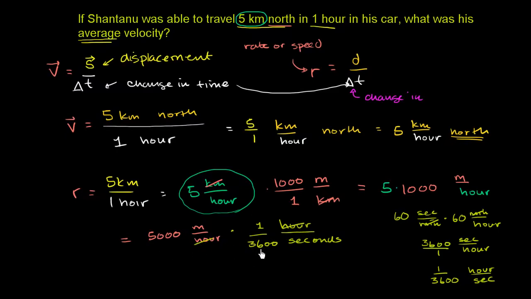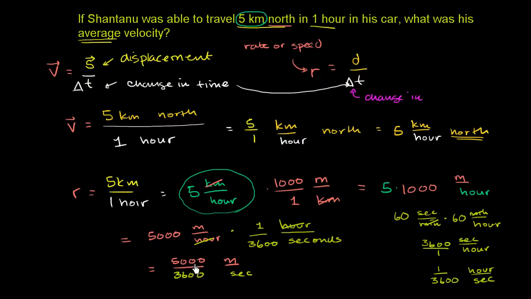And then you multiply or appropriately divide the numbers right here. And you get this is equal to 5,000 over 3,600 meters per, all you have left in the denominator here is second. Meters per second.